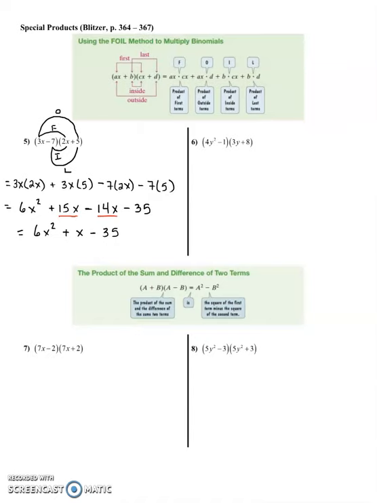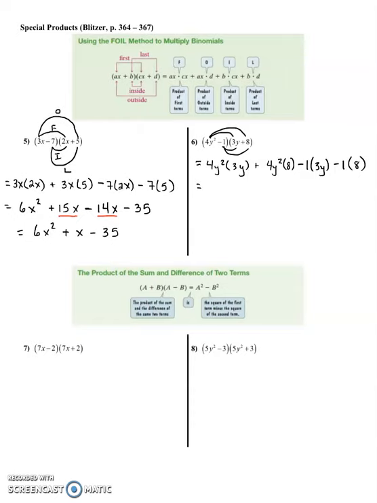Okay, you should pause the video and try to do number 6 on your own. Okay, making sure we distribute everything. We have 4y squared times 3y plus 4y squared times 8 minus 1 times 3y minus 1 times 8.